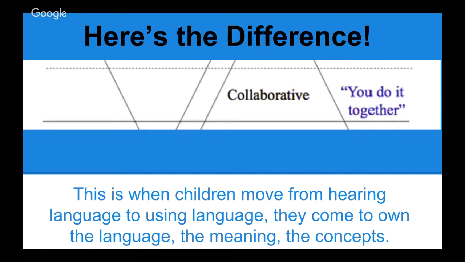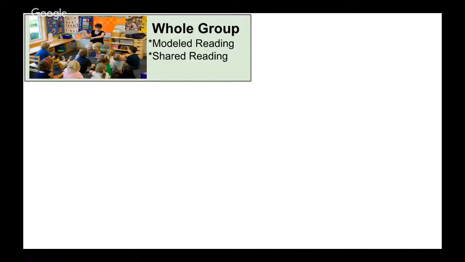And what they noticed is that when children moved from hearing language to using language, they came to own that language, to own the meaning, and to learn the concept. And that this collaborative level, having the four stages but adding the collaborative, has made a difference for transfer for our students.